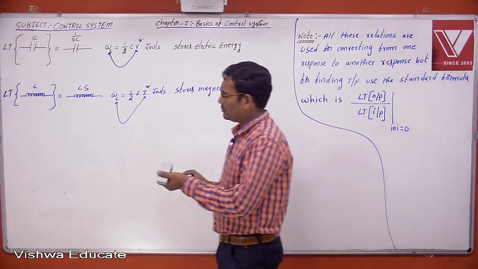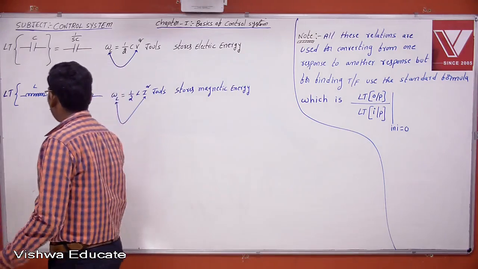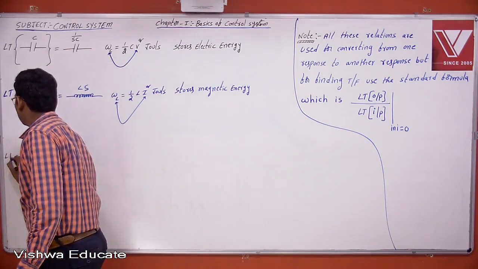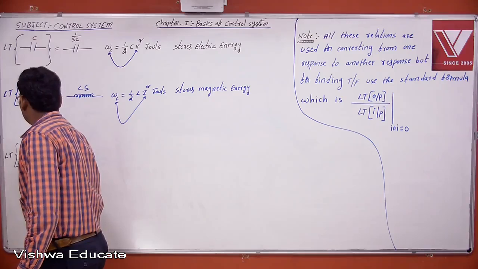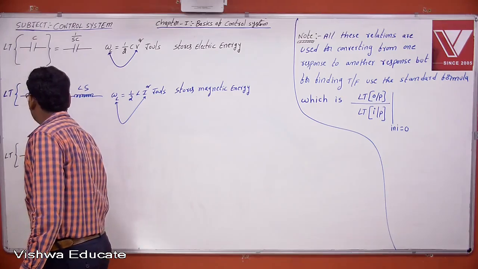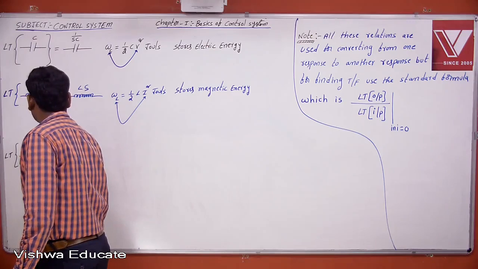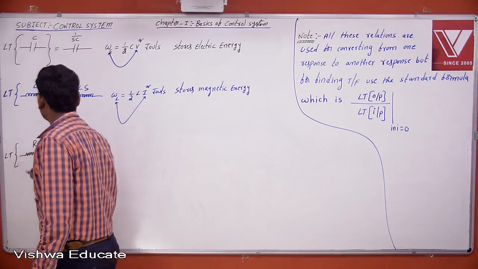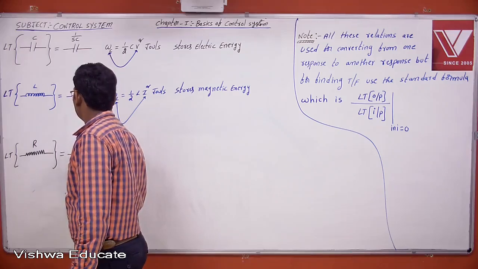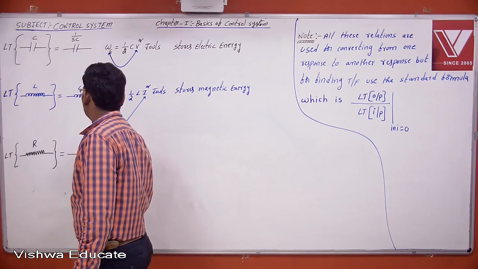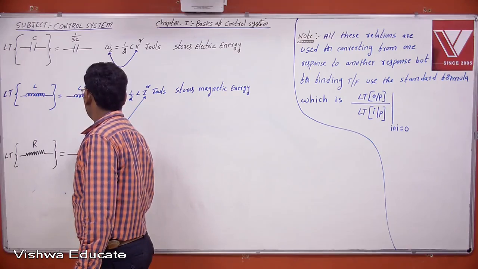Now the Laplace transformation of resistor R is nothing but R only.